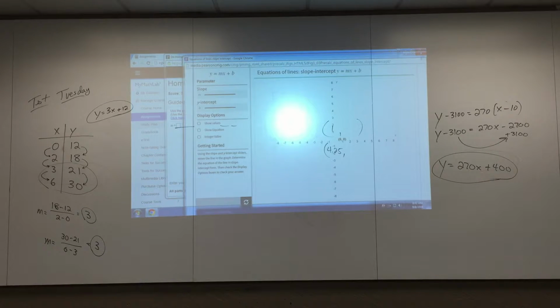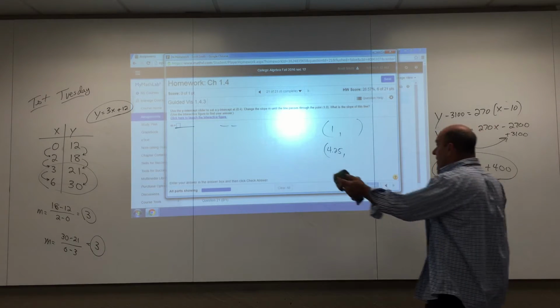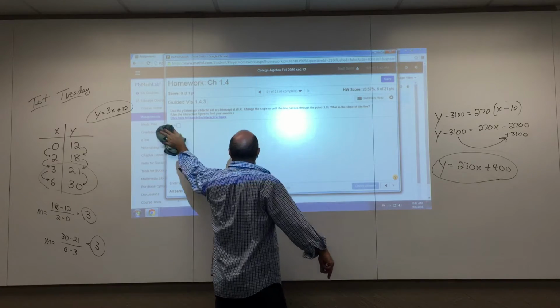So forget the slider. Maybe I can answer the question without the slider, or without the interactive figure. It says set the y-intercept at 0, 4. Change the slope until the line passes through 1, 0. What is the slope of this? So I can't use the slider, but I could answer this question. That's kind of a cool question.